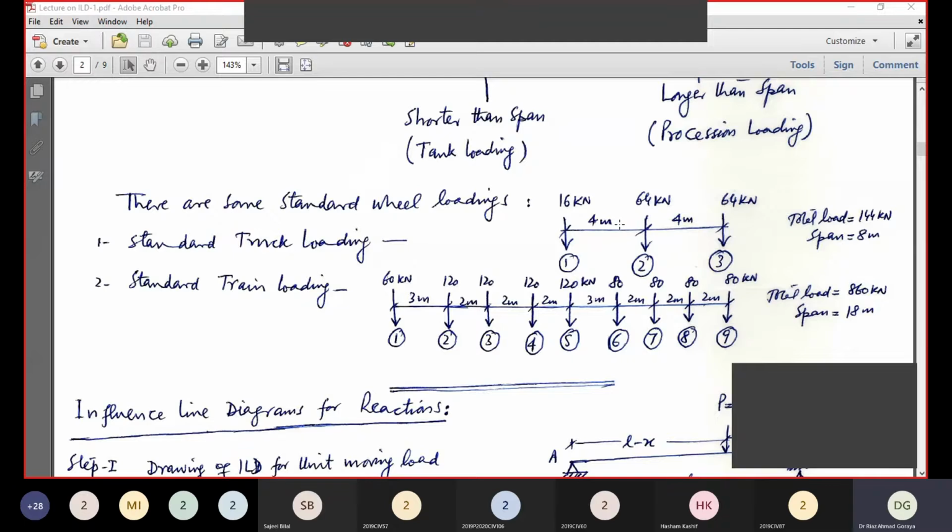Not at all. So these distances are fixed and these loads are fixed. Then we have standard train loading having total 18 meter span, and these two loadings you have to remember.